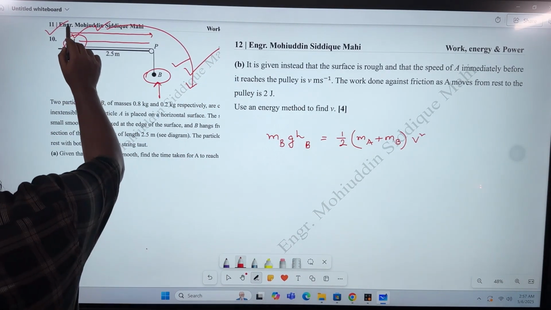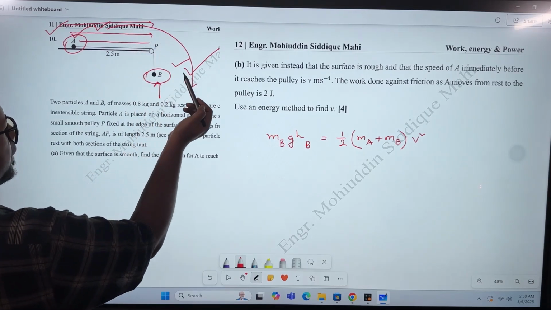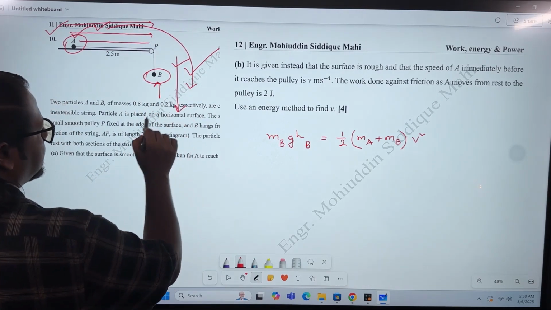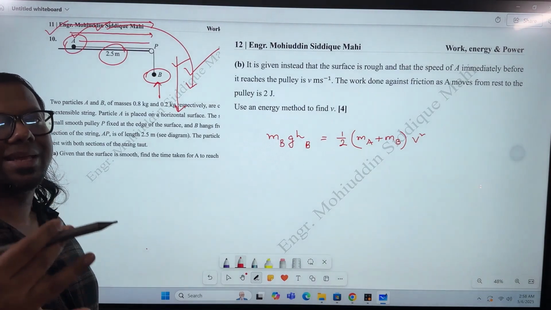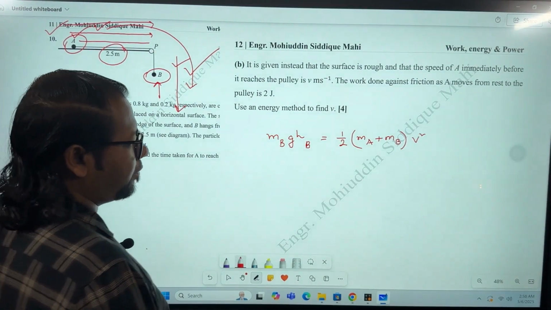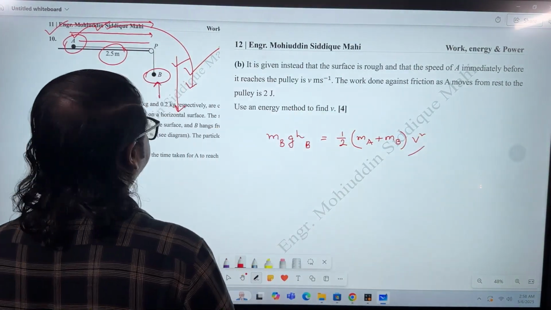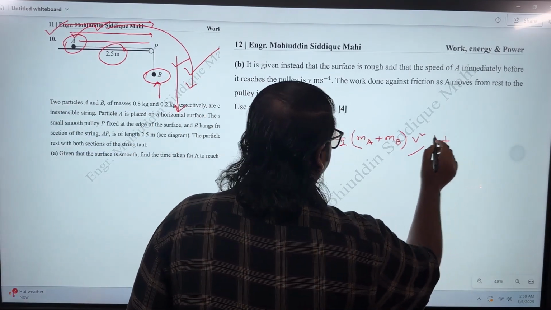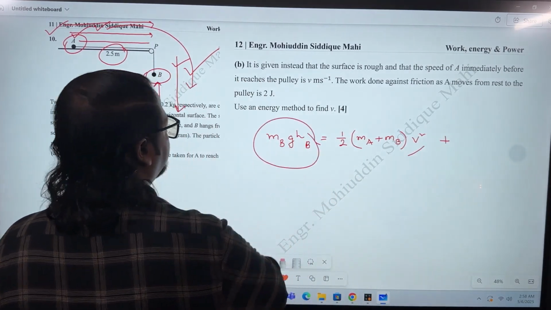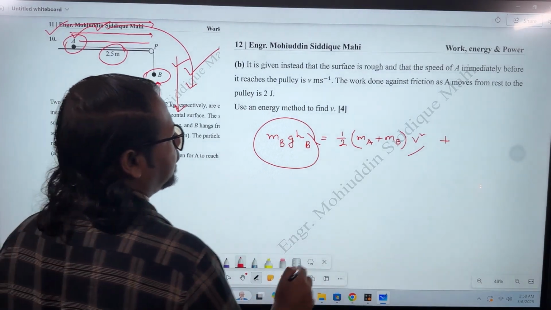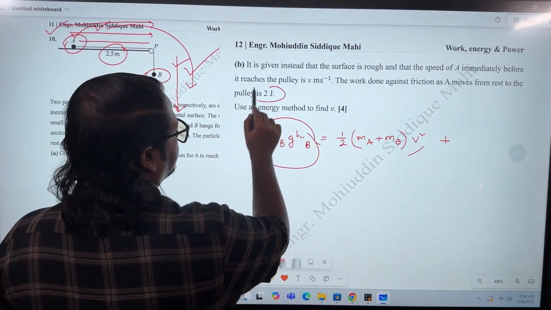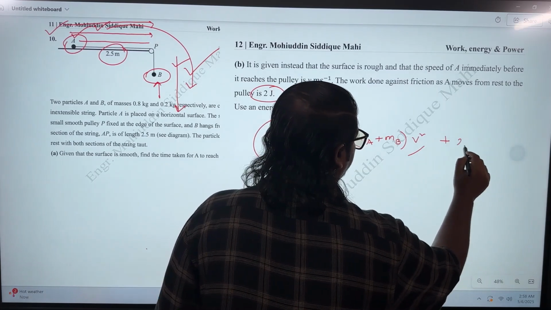The moment A reaches P with velocity v, B will also descend the same distance 2.5 meter and will have the same speed v. So they will have a combined speed of v. And also some part of the loss of gravitational potential energy of B will be converted to heat energy, or energy to overcome friction, that is 2.